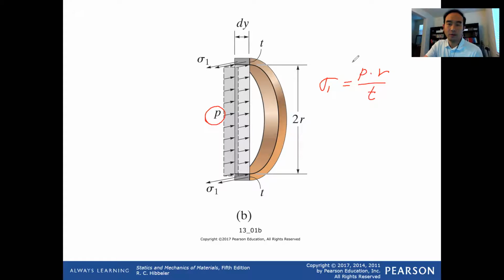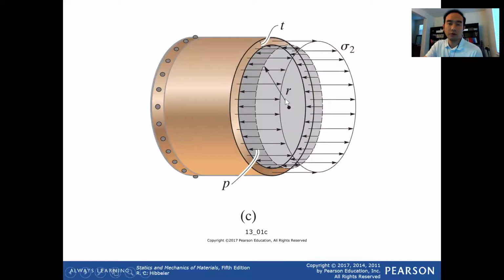And then what about sigma 2? Okay, so this is the other free body diagram. So we make a cut along the length of the vessel. We can think about the pressure this way, and these are the normal stresses along the length of the cylindrical vessel, right?